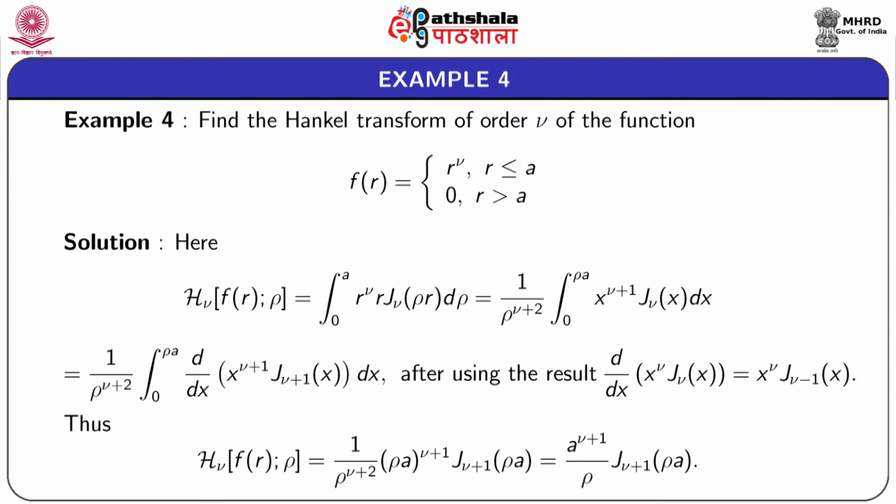Next, in example 4, we shall find the Hankel transform of order nu of the function f(r), which is equal to r to the power nu for r less than or equal to a and 0 for r greater than a.